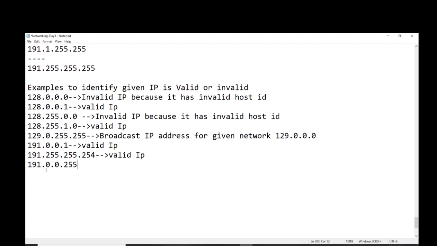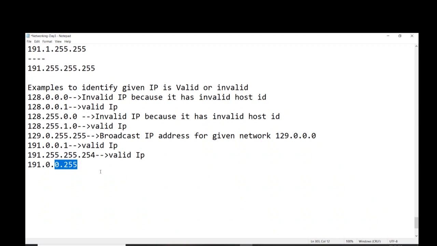What is the network ID of this IP? 191.0. And what is the host ID? 0.255.250. So is this valid? The network ID is valid. The host ID is valid or not? 255.